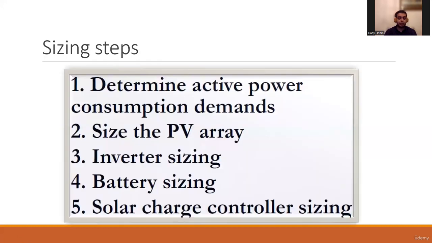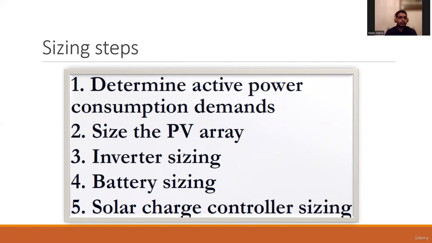And we assume in this lecture that we are in a standalone, isolated community which is not connected to the grid.